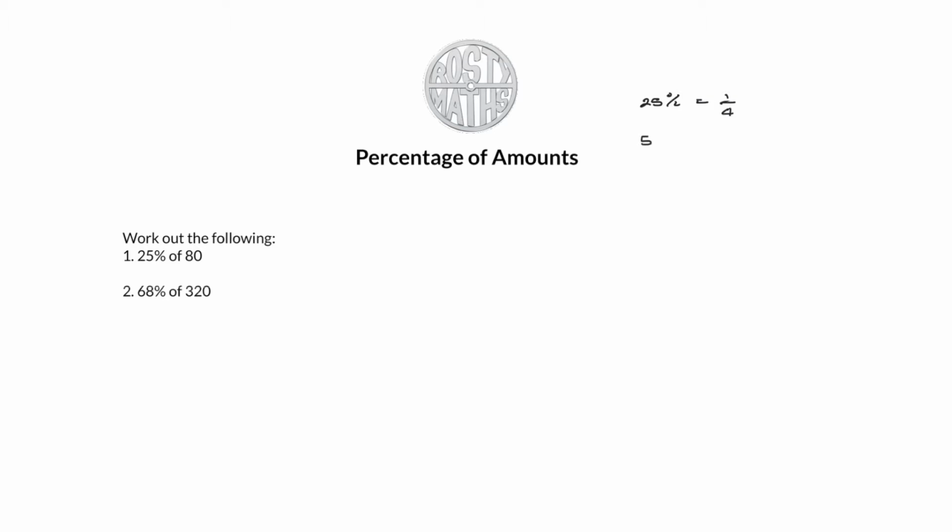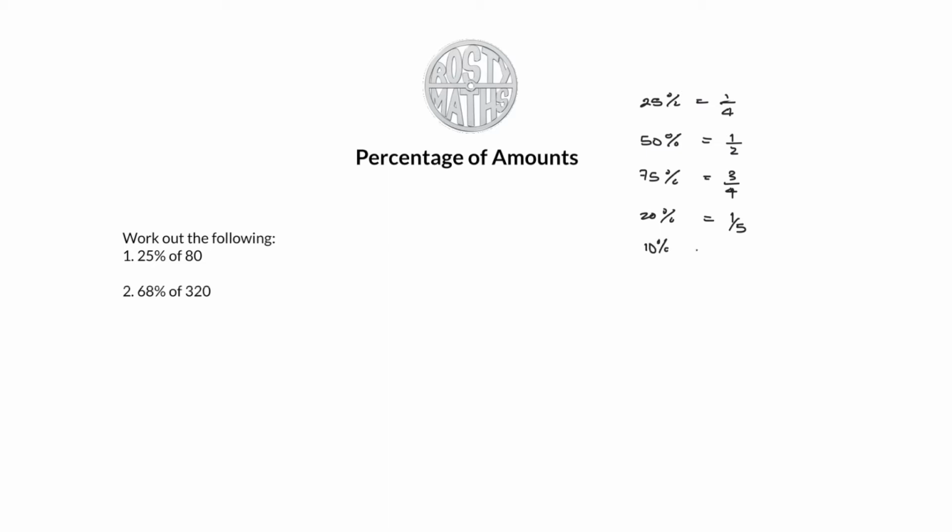You're expected to know that 50% is the same as finding a half of something. 75% is the same as finding 3/4 of an amount. 20% is the same as finding 1/5. These are things that you should know, and if you don't know it, it would be a good idea to learn it. Let's go down to the simpler things.